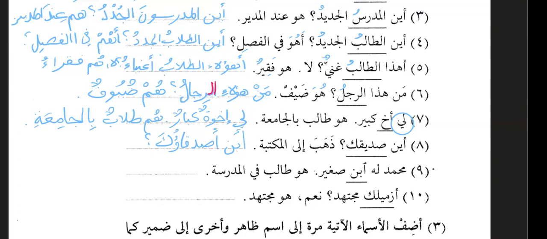So how do we say they went in plural? What do we add to make it plural? No. Look, ذهبوا. We just add the waw. Okay. Look, an easy one to remember.